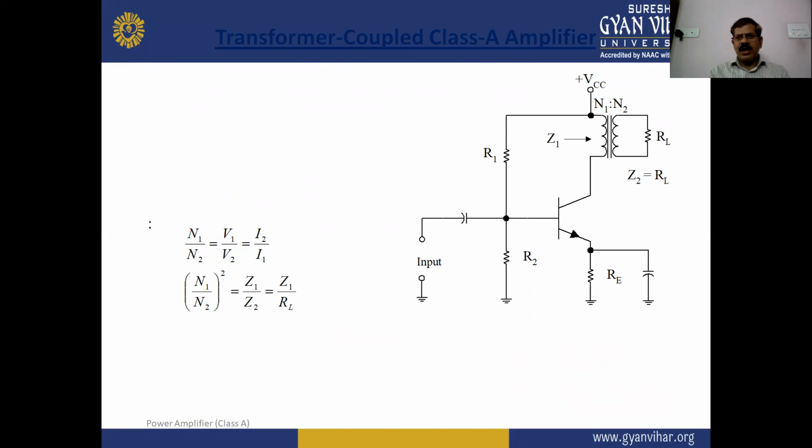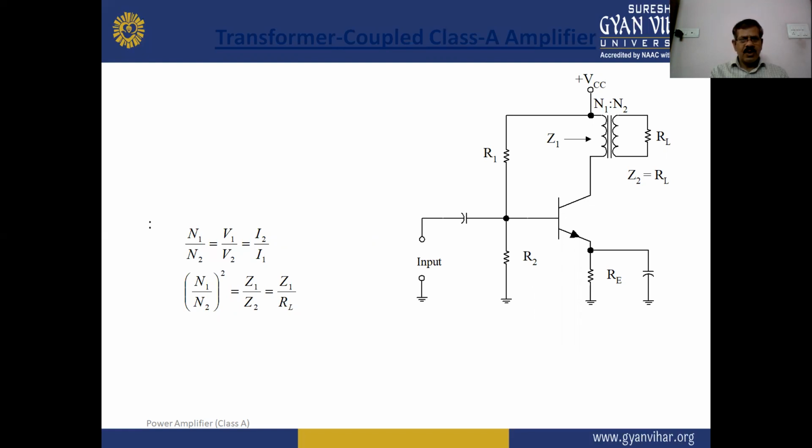The transformer has a primary winding with number of turns N1, and a secondary winding with number of turns N2. So the relation between the voltage, current, and number of turns of the primary and secondary winding of the transformer is N1 upon N2 equal to V1 upon V2, or equal to I2 upon I1.